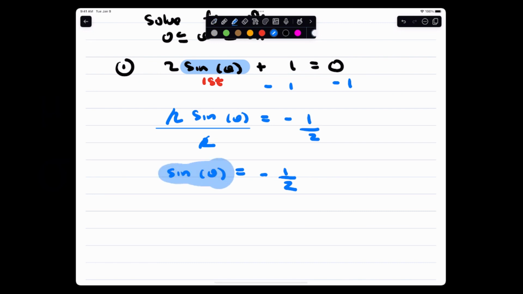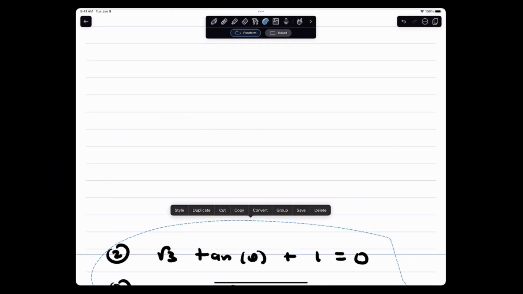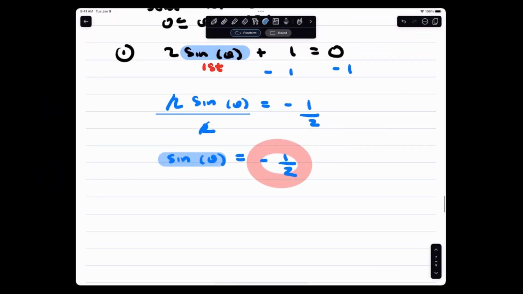Now, here's my point to you. You're going to have to pick and choose which route you go. You got to pick your poison, ladies and gentlemen. Are you going to use your TI, or are you going to use special triangles? There's no third option.